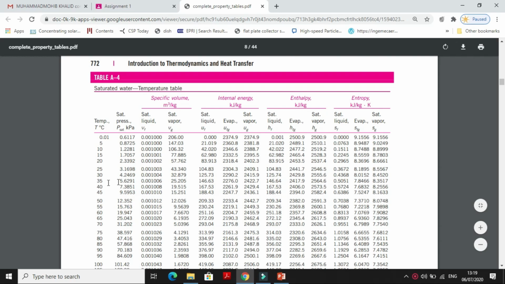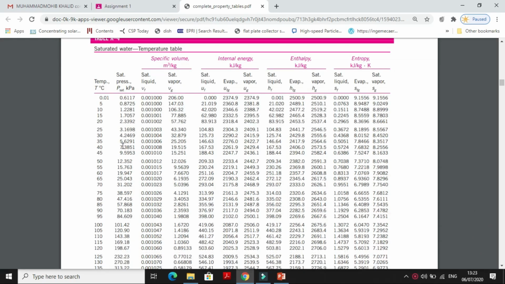In both cases we don't have 38, so we have to interpolate. When we interpolate, we will get around 0.001007. So it's V1.